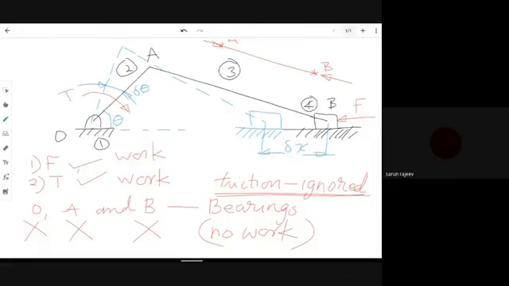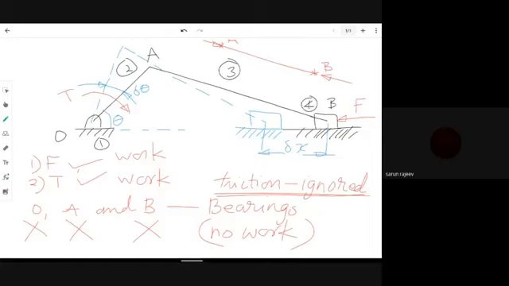Now, when you look at the piston alone, as the piston is sliding, if you consider this to be an IC engine, the piston will definitely be sliding inside a cylinder. So there will be a force on the cylinder and that force will be projected onto the piston. The reaction forces from the cylinder will act on the piston. But these reaction forces will be acting perpendicular to the piston displacement.